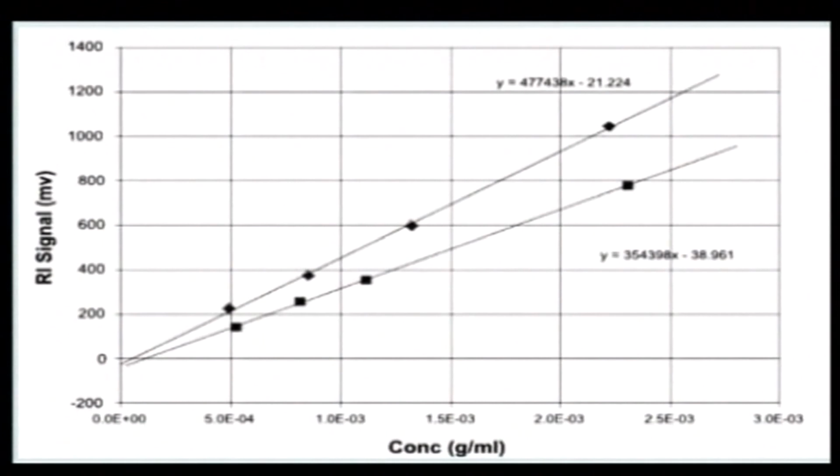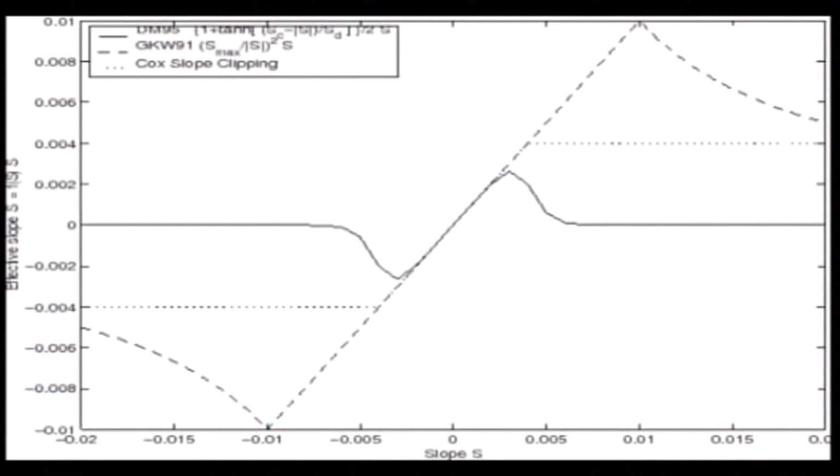Just as the standard error of the mean is an estimate of how closely the sample mean approximates the population mean, the standard error of the slope is an estimate of how closely the measured slope approximates the true slope.